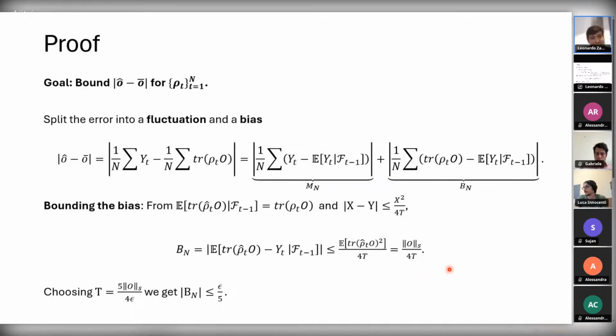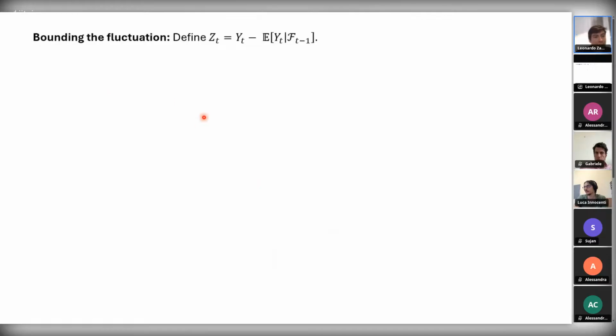Actually, the need of the truncation is to bound this fluctuation. So this is the fluctuation, and here we want to use Freedman's inequality. To use Freedman's inequality, you have to bound two things: the step size and the variance. For the step size, because we truncated our estimator, the maximum value of this quantity is 2t.